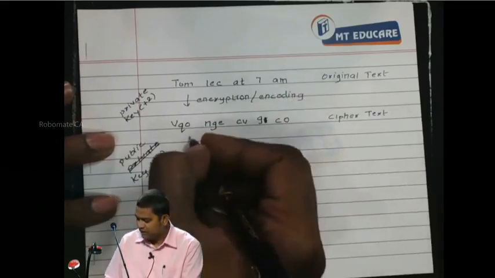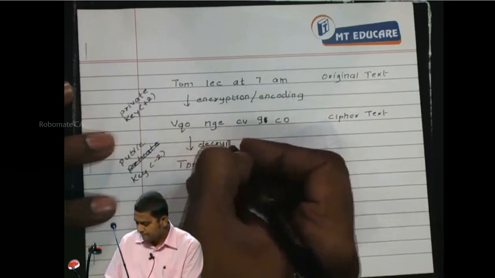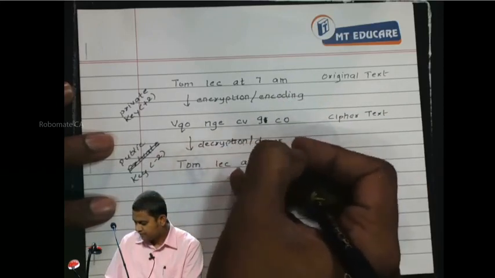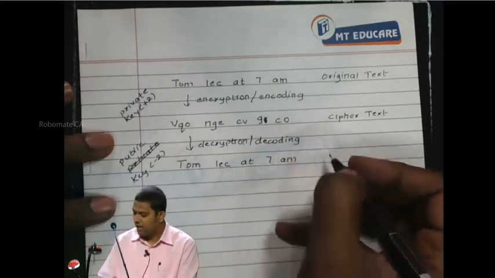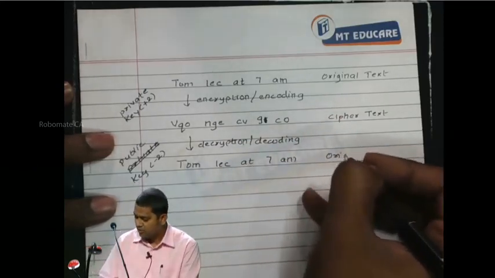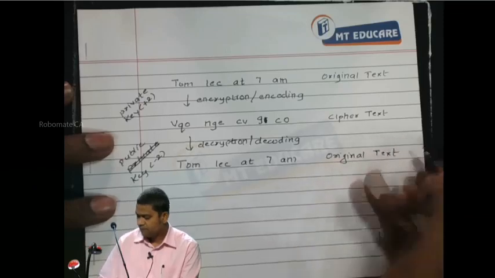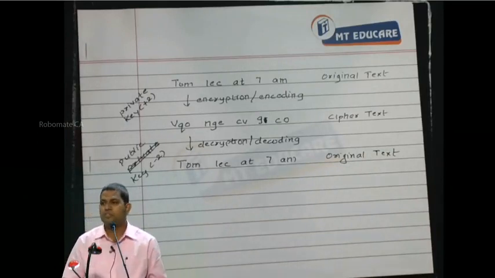And this process is also known as decryption, and again we are converting our text back. This is nothing but something called as encryption.